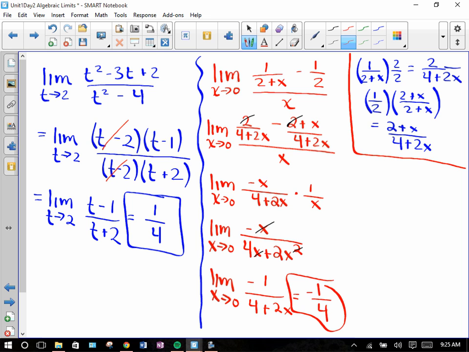Anytime you have a complex fraction, where you have fractions inside of fractions, you're always going to want to take the numerator and try to simplify it by making the denominators the same, and then taking the division and turning it into multiplication, all right?